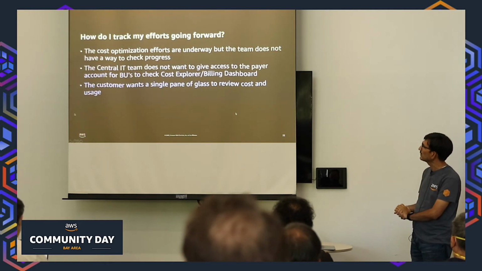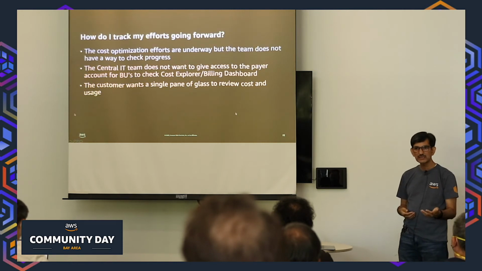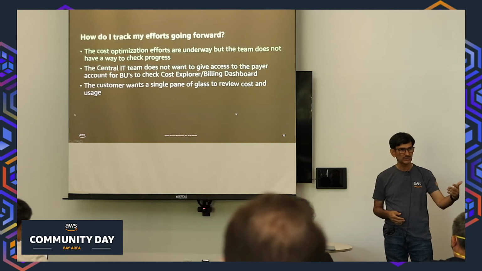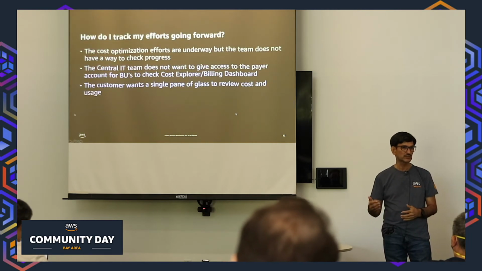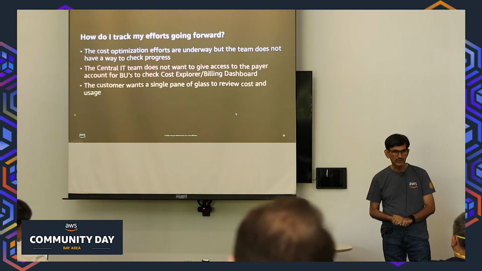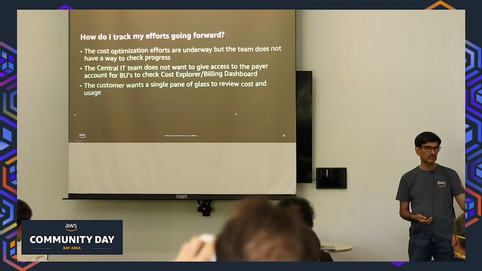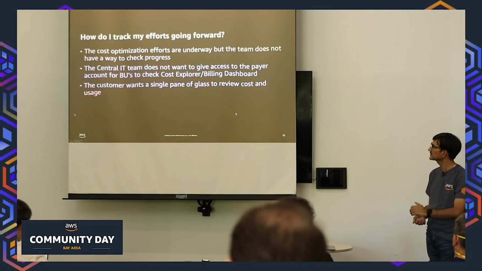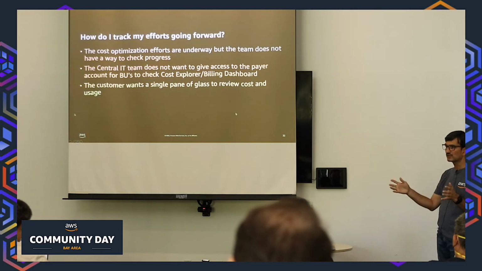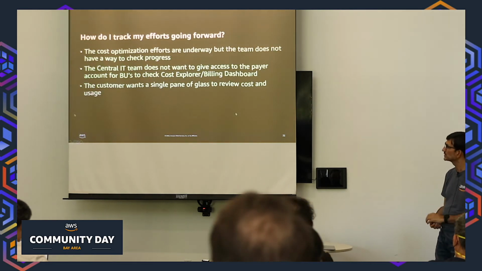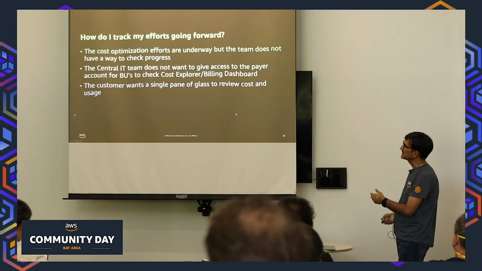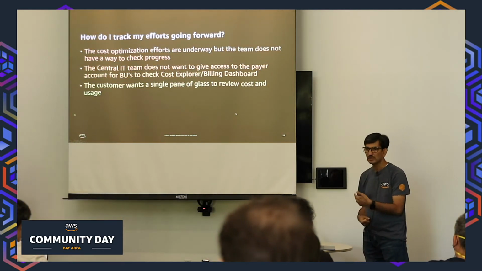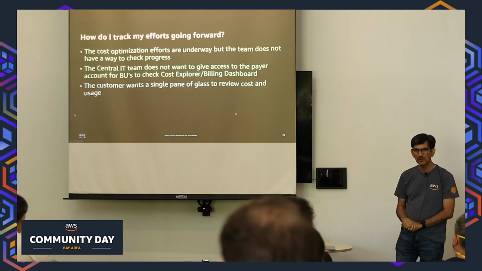The second use case is that not the entire team or all the application teams can have direct access to the payer account. There are some specific persons who generally have full access or read access to your entire company's costs and usage, and that could be a challenge for some customers in the tracking of the cost.